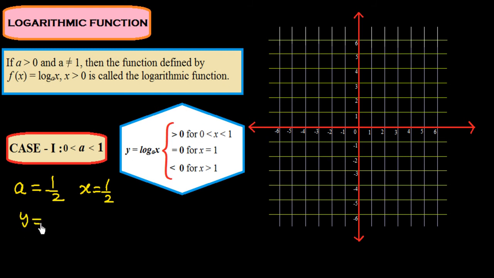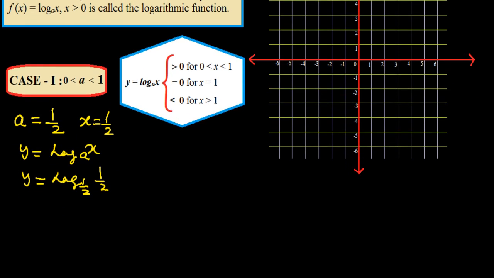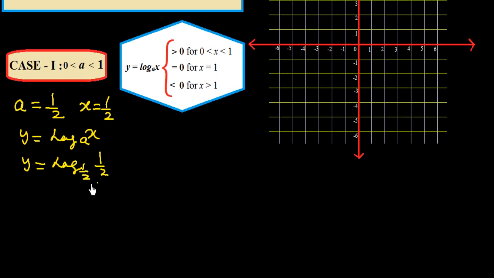Because y is equal to log x base a, we are putting these values here. So y is equal to log 1 by 2 base 1 by 2. So 1 by 2 power y is equal to 1 by 2. So it means y is equal to 1. We are getting y is equal to 1 here.